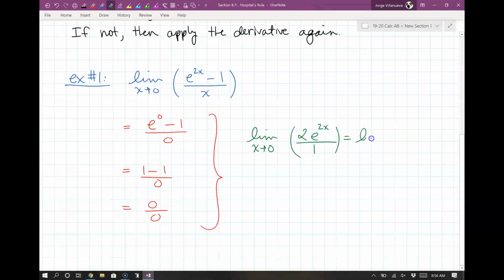So basically this became the limit as x approaches 0 of 2e to the 2x. And now apply your limit again. So that means that this comes out to 2e to the 0, which is just 2. And we just saw that on our graph, that 2 was going to be its limit from the left and right side.